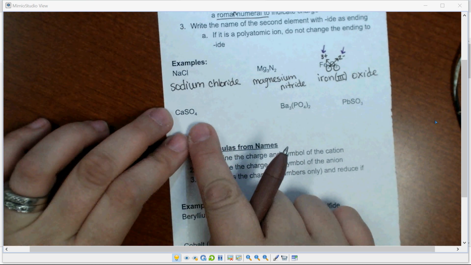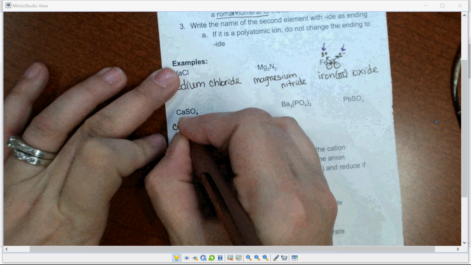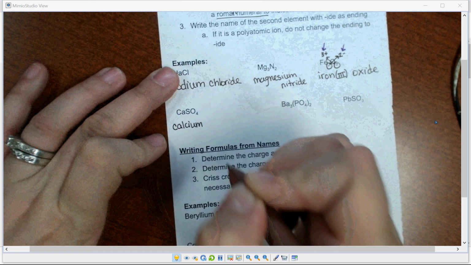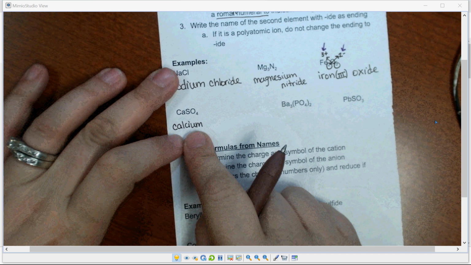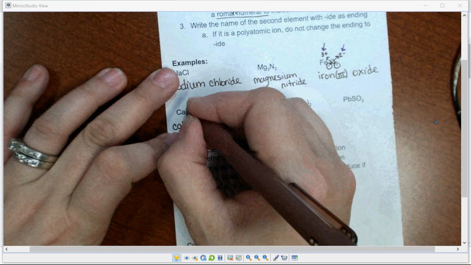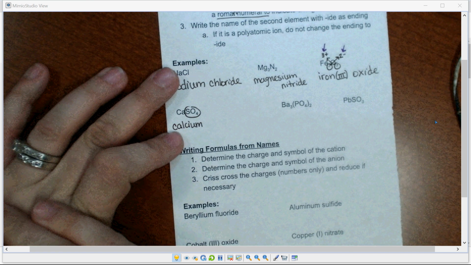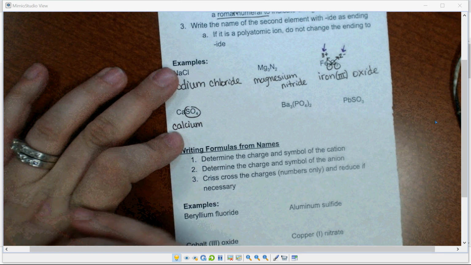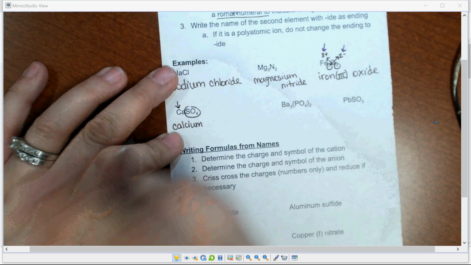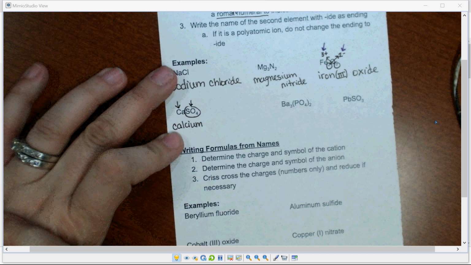Here we have calcium sulfate. Calcium is not a transition metal, so it doesn't require a Roman numeral. And this right here is a polyatomic ion. The reason I know it's a polyatomic ion is because after I wrote my first element, the stuff that's left is more than just one element.